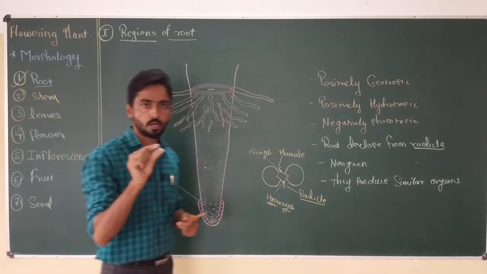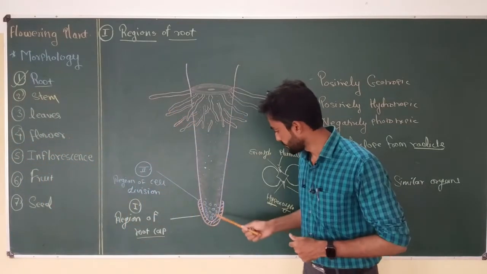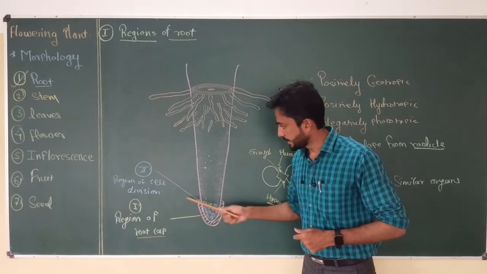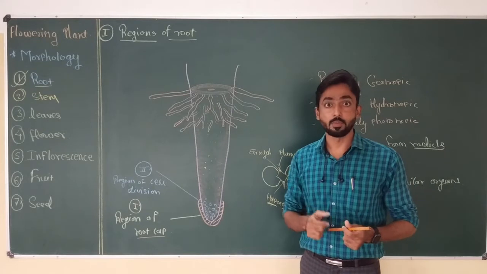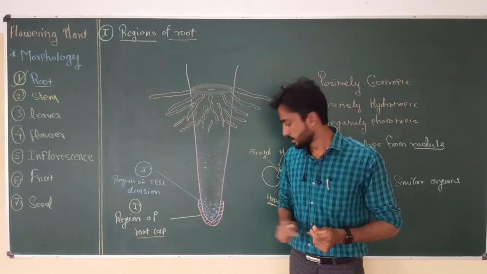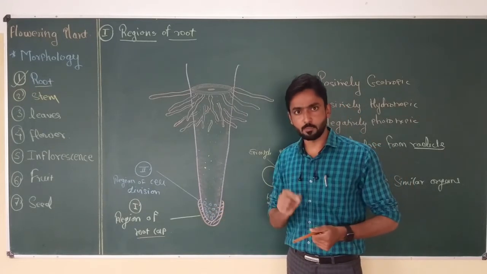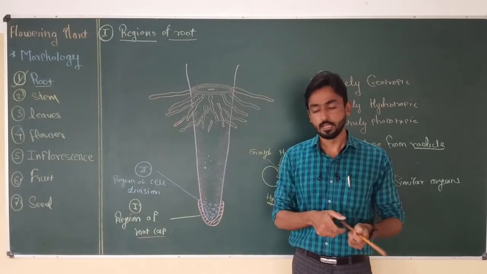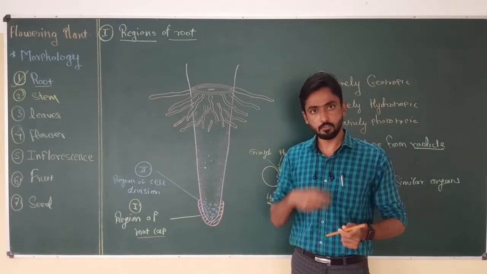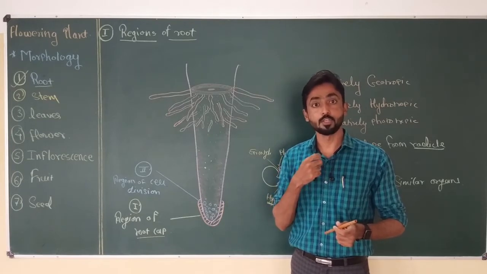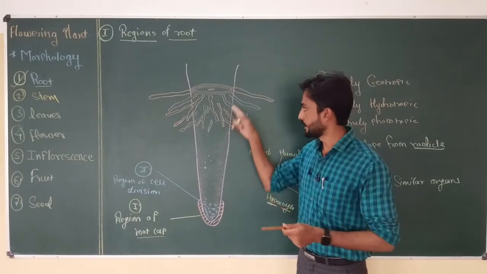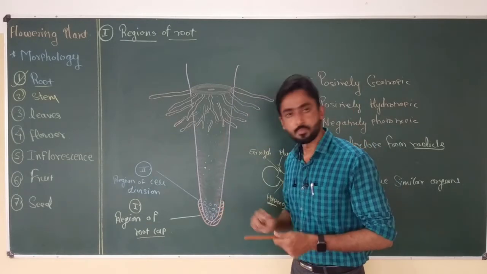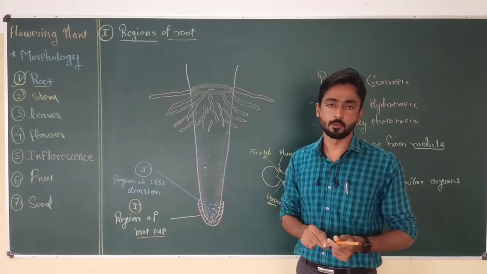It is usually a small, 1 millimeter long region which is present inside the root cap, and it contains rapidly dividing meristematic cells. This is the region which is responsible for actual growth of the root in the soil. It divides and produces new cells, which add new cells to the root. So this region plays an important role in the growth of the overall root in the soil.